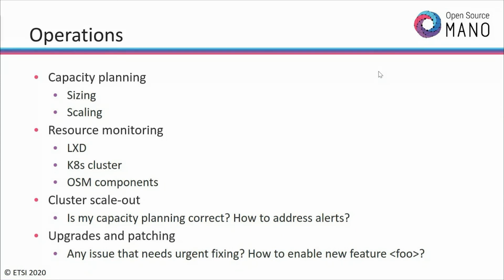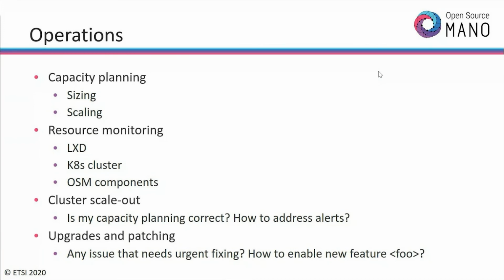Okay, I'll continue here. Then things to consider as well has to do with the cluster scale out. So how do you validate that your capacity planning is correct? Because in the end, if you get more VNFs than you anticipated, you might not have designed your cluster correctly, and you might get failures because it couldn't manage to handle all your workloads.